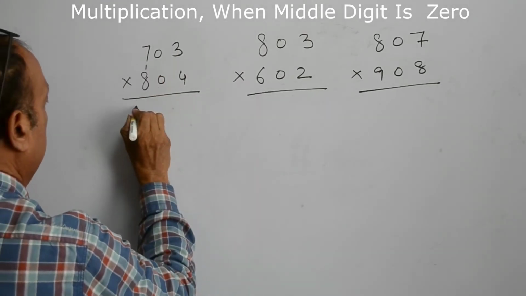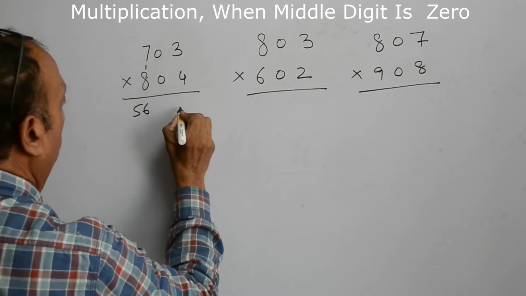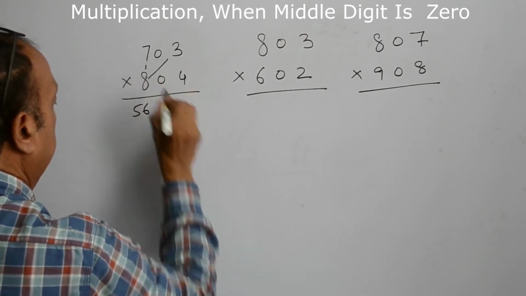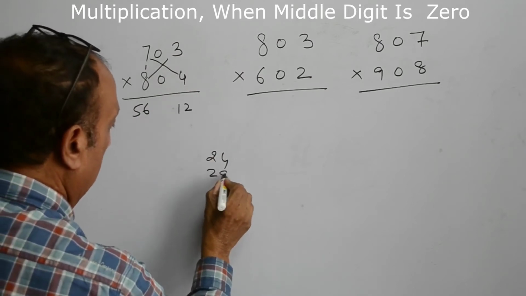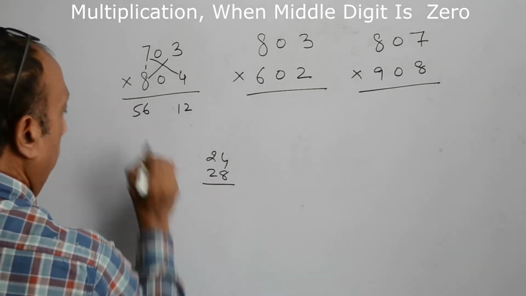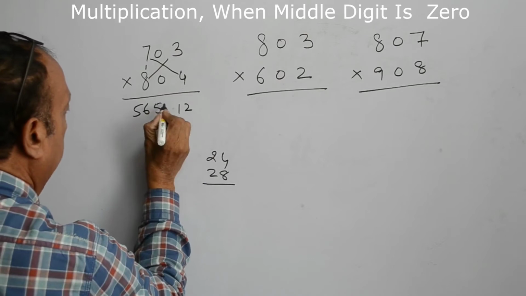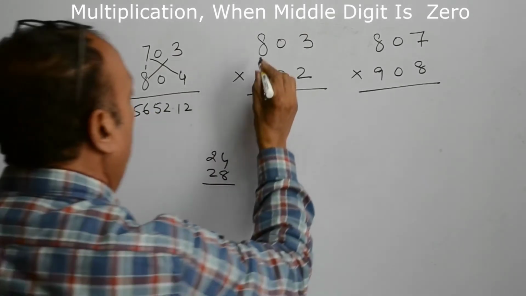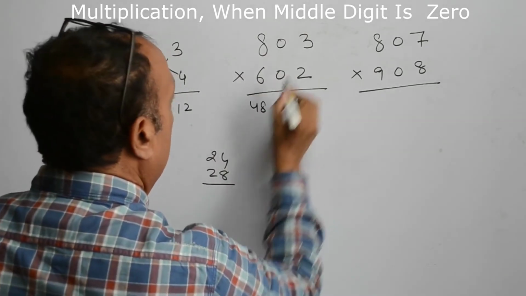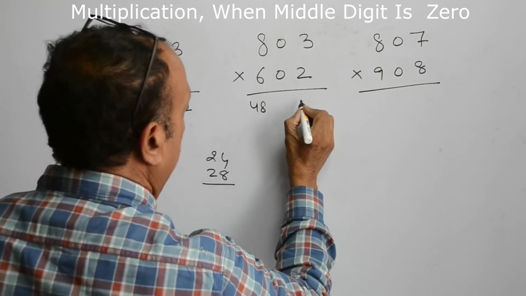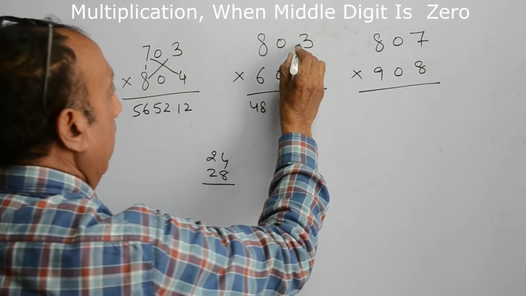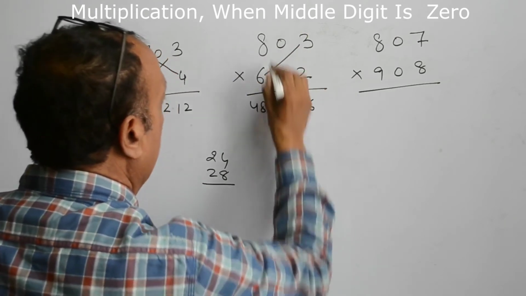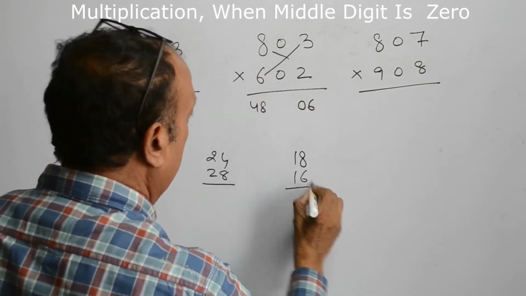7 by 8 it is 56, 3 by 4 it is 12, 8 by 3 24, 7 by 4 28, so 52. Place this 52 in the middle. Now 8 by 6 48, 3 by 2 06. Please note that we will be taking 2 digits. So 18 and 16, 34.